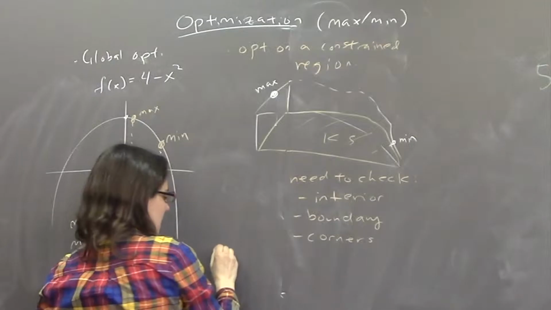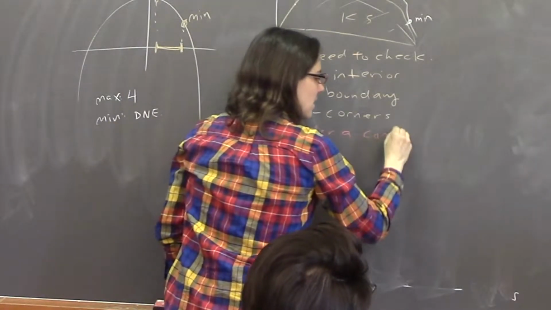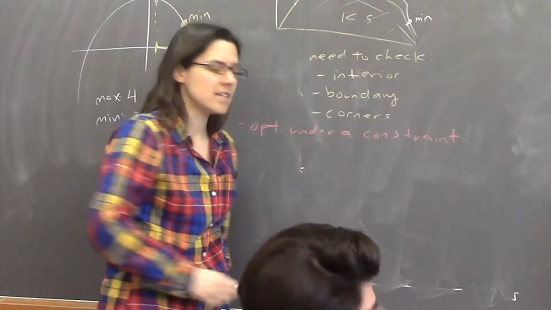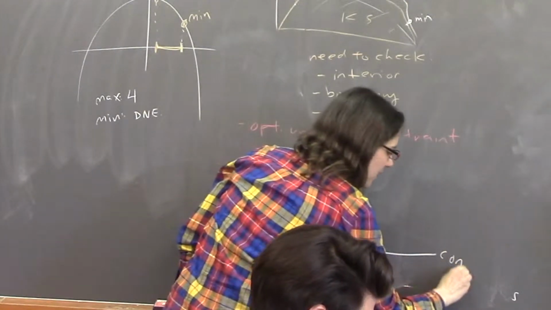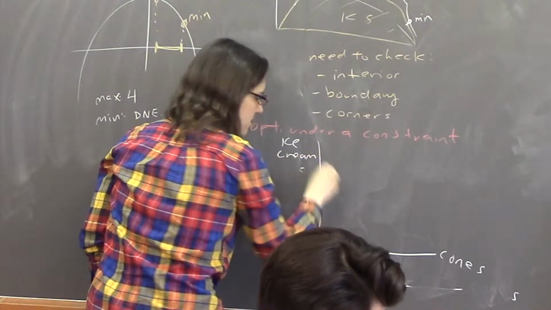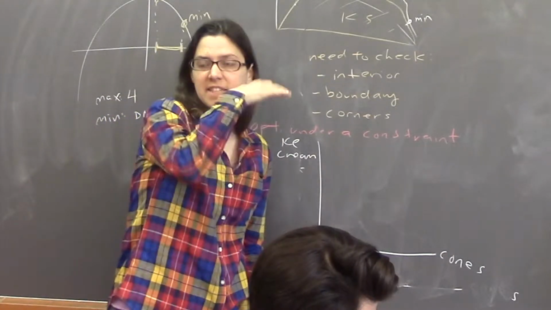And the last one is optimization under a constraint. This is what happens in economics a lot. So you imagine that, for example, it's nice and warm out, and you have ice cream cones, and you have ice cream. The cones are just the cone thing. In economics, there's this concept of an indifference curve.